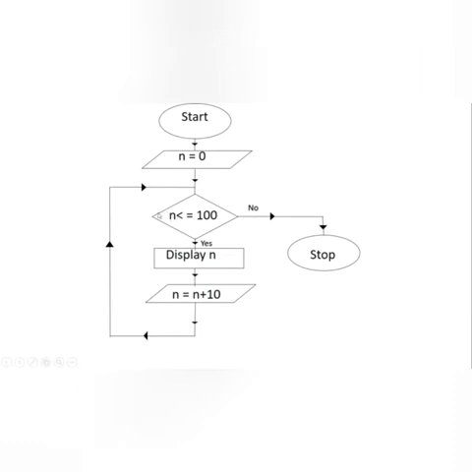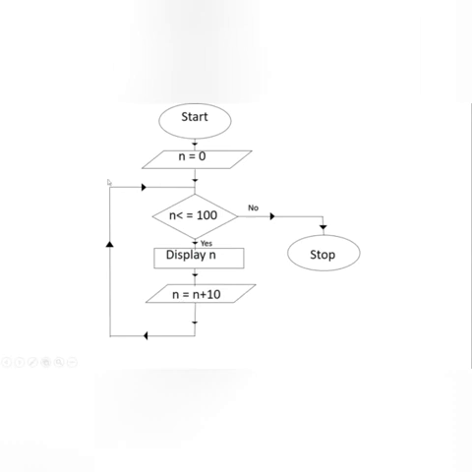So in the boolean, or in the question, we are to decide whether 20 is less than or equal to 100. Since 20 is less than 100, we still go in the yes path, and in the process display 20. The data flows. In the output, the entirely new n is now 20 plus 10, which is 30.